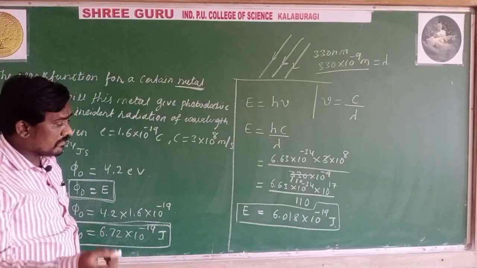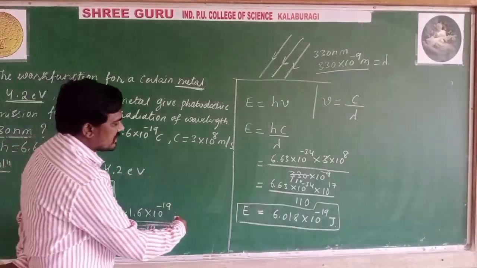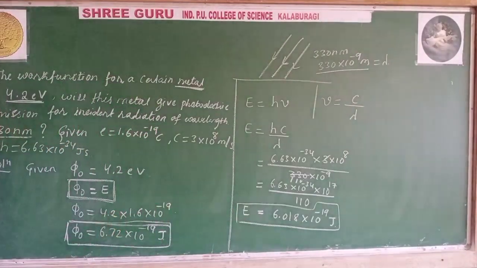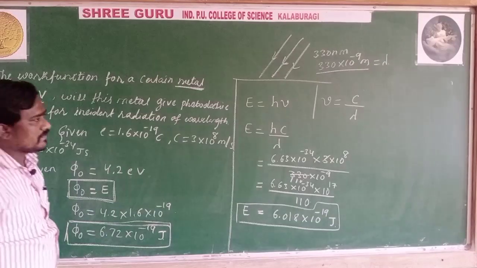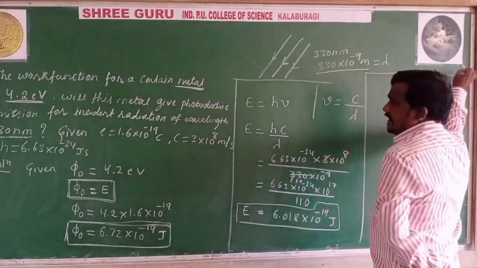Even a small variation of energy makes a difference. This is the difference of energy, that's why it is not possible to eject the electrons from the metallic surface.